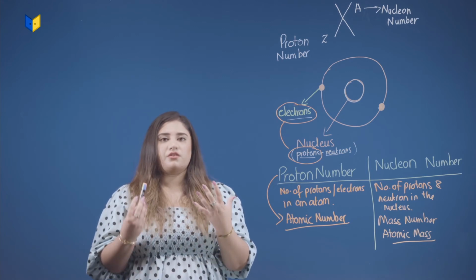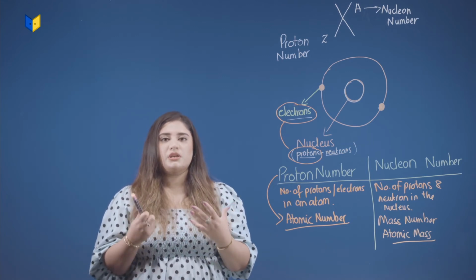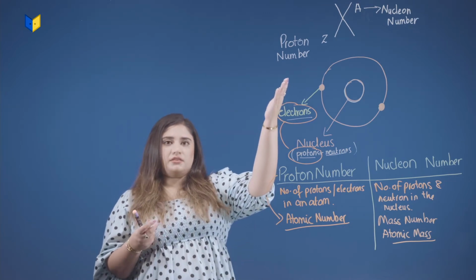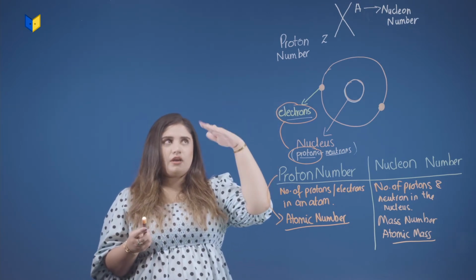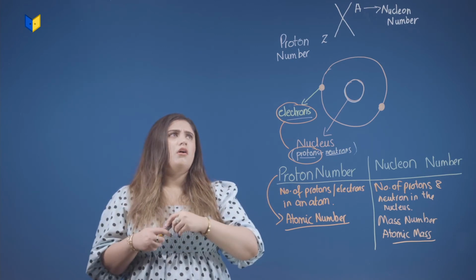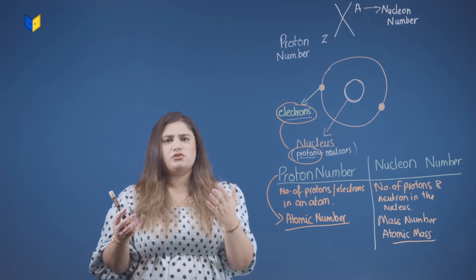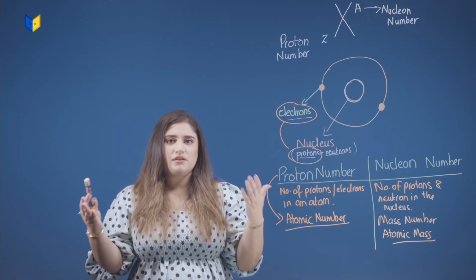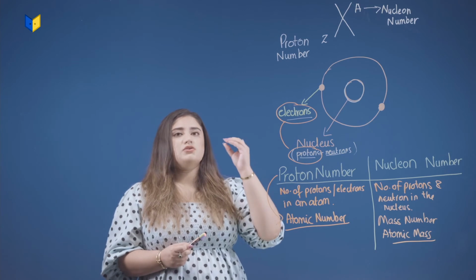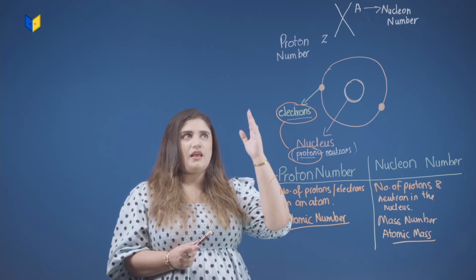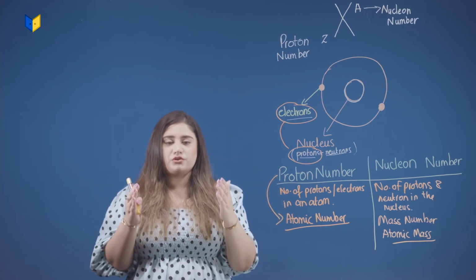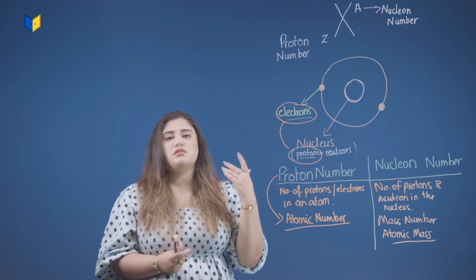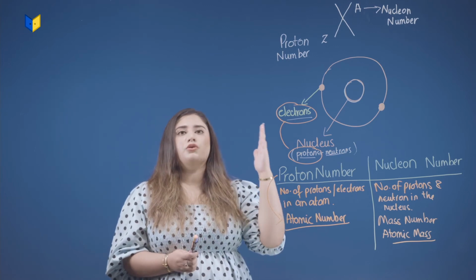Now, whenever we are writing atomic mass and atomic number for elements, for example, it's right there before you, it's X. X is an element, any element. For example, it can be hydrogen, carbon, lithium, sodium, any XYZ element. So, it is always represented with A and Z along with X. Now, A, whenever we see the periodic table, which we are going to discuss in later chapters, represents the nucleon number.